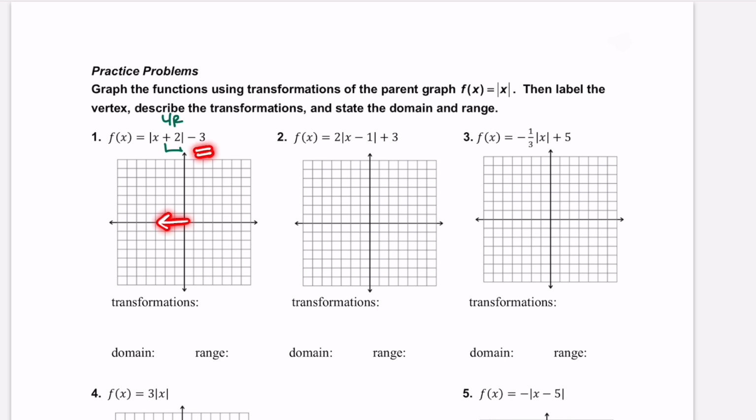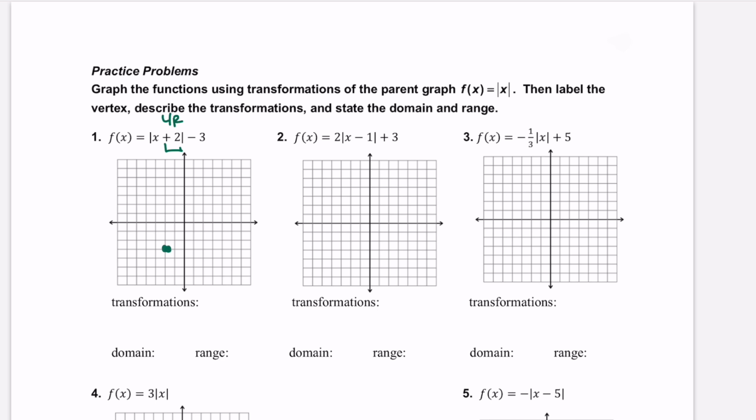This minus 3 is the up-down shift, but it doesn't do the opposite. It's going to go exactly where you think it's going to go. So we went left 2 and down 3. And then you're going to put a point right where those intersect. So left 2, down 3.